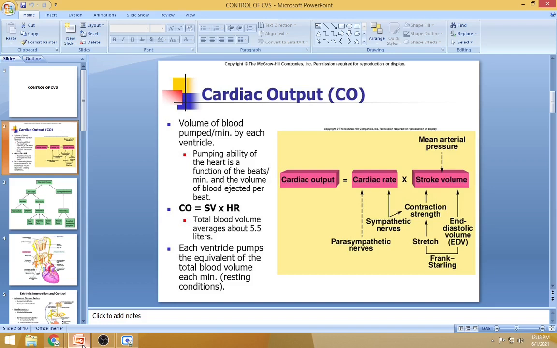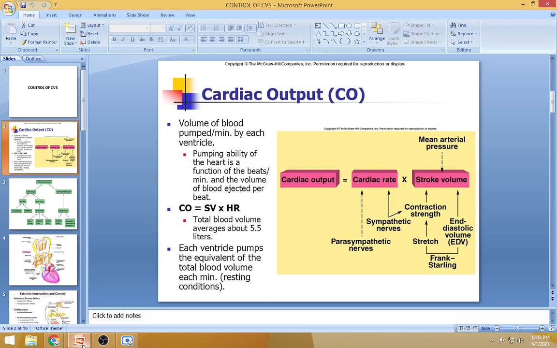When you look at stroke volume, you'll find that even the sympathetic discharge helps in the development of an adequate stroke volume by contributing to the strength of contraction of the heart.